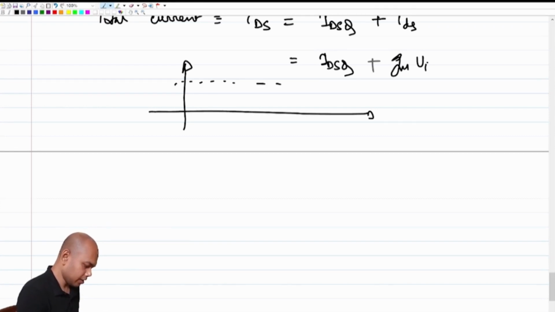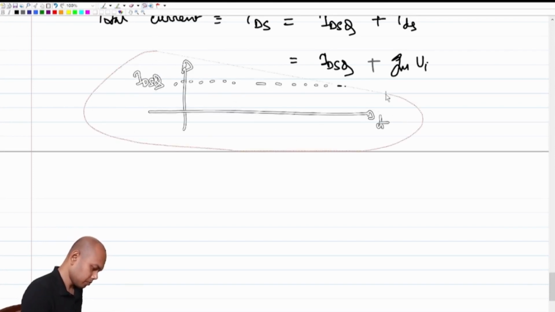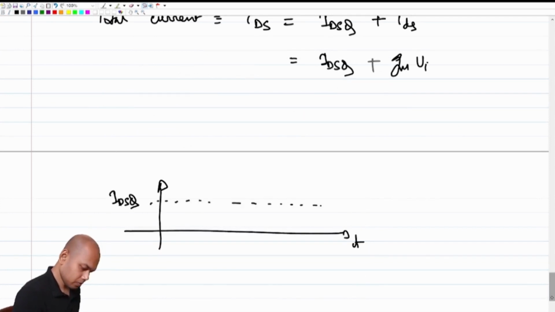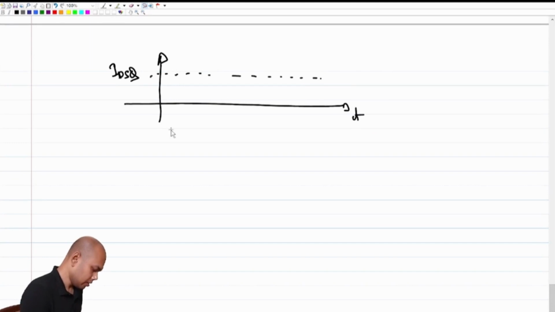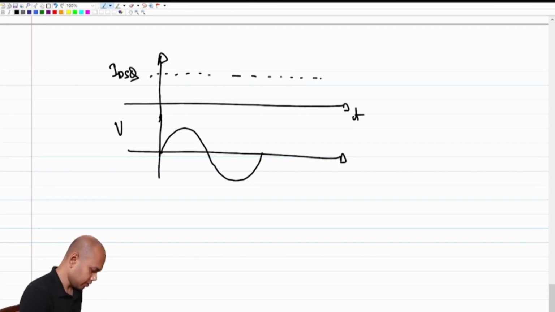Let's say this is IDSQ. This is with respect to time. Okay. So let me sketch it in the next page. And let's say this is VI.